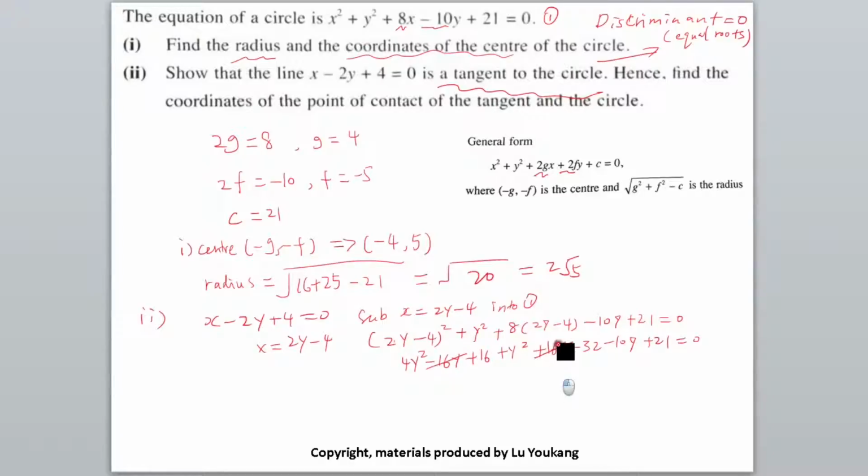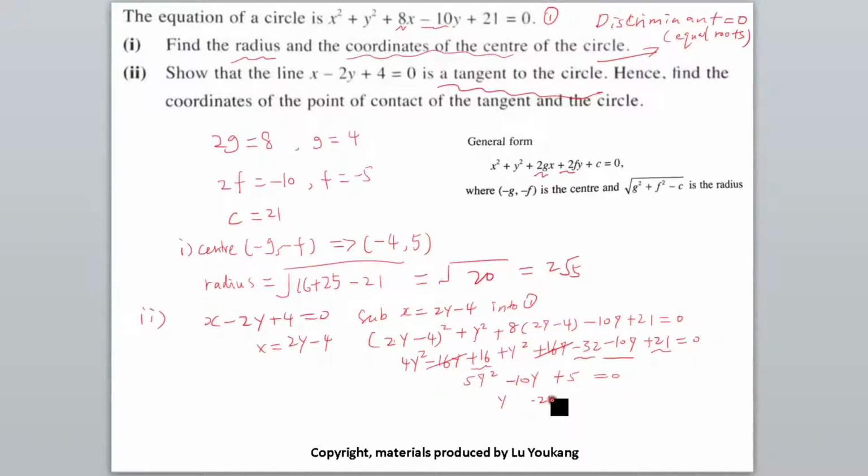What you need to do is combine similar terms. Minus 16y plus 16y cancel each other. 4y squared plus y squared, you get 5y squared. Plus 16 minus 32 plus 21, you get plus 5. And minus 10y, you are left with. So the whole equation is simplified into 5y squared minus 10y plus 5 equals 0.